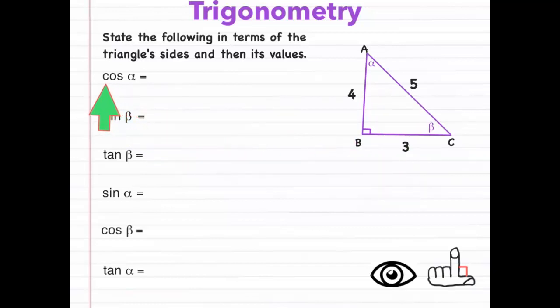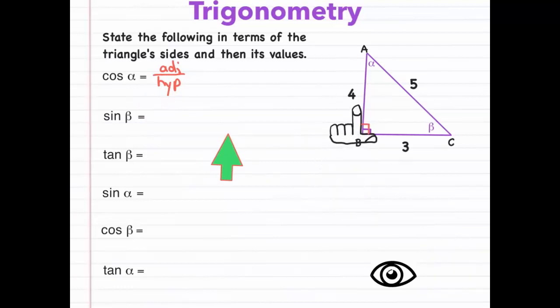So don't forget that the cosine of an angle will always be the adjacent side divided by the hypotenuse. Now, this is not given to you at any time. You have to memorize that the cosine of an angle is the adjacent side divided by the hypotenuse. Now, how will we establish where the adjacent and the hypotenuse is? So, first of all, I use my thumb and my index finger.